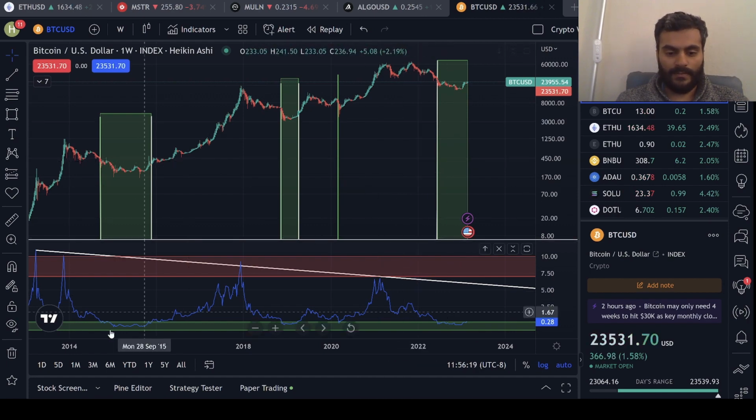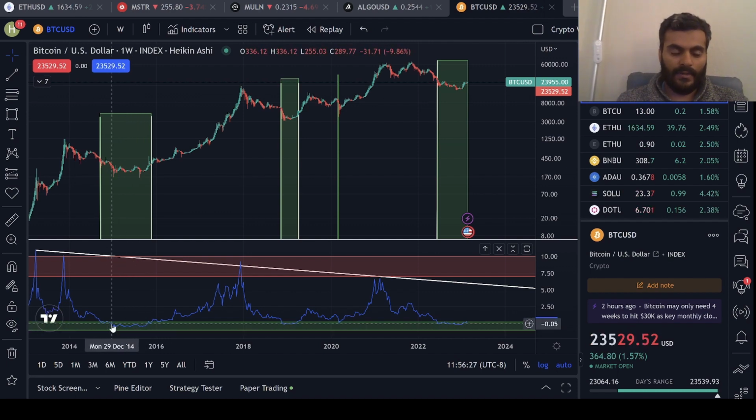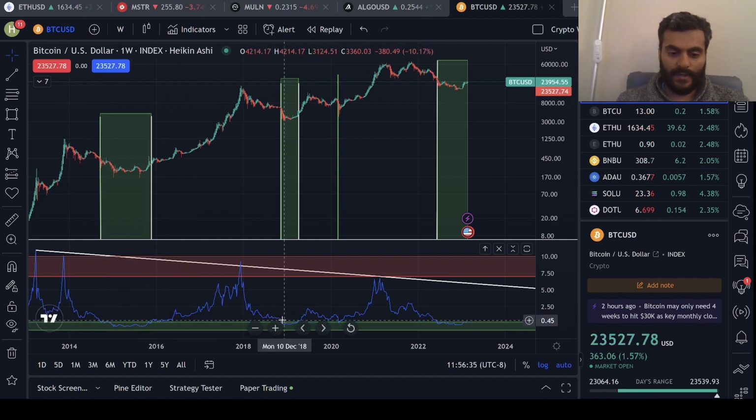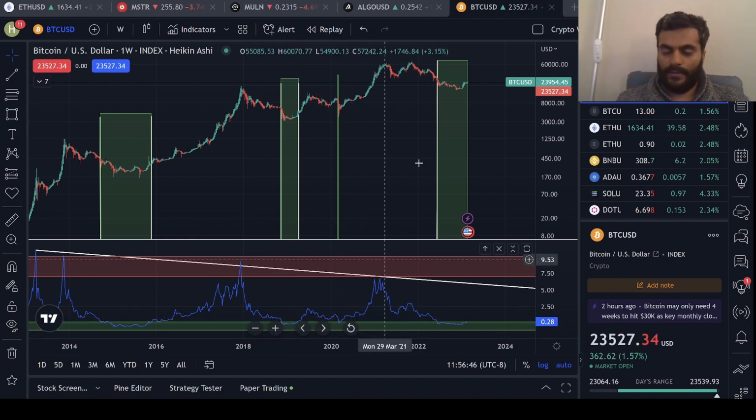As you see, the time spent in this undervaluation territory on the Z-score varies from cycle to cycle. In the cycle of 2014-2015, Bitcoin spent almost a year or more in that territory, whereas in the second cycle in 2018, barely 2 quarters, or like 1.5 quarters, and then just 1 or 2 weeks of visit in 2020.